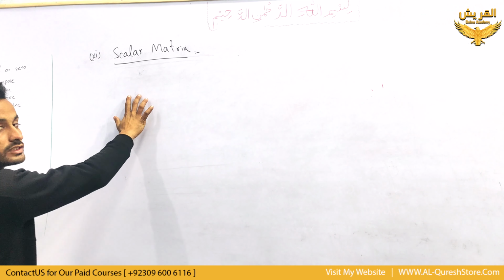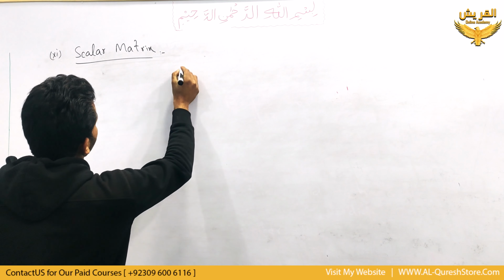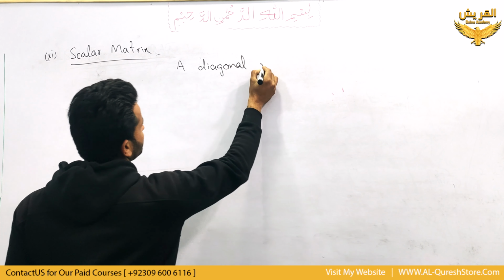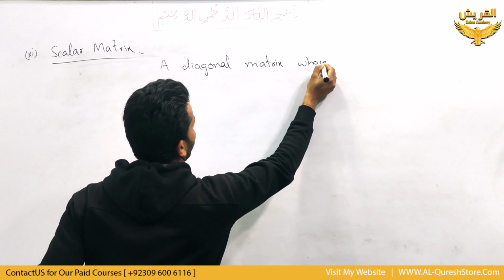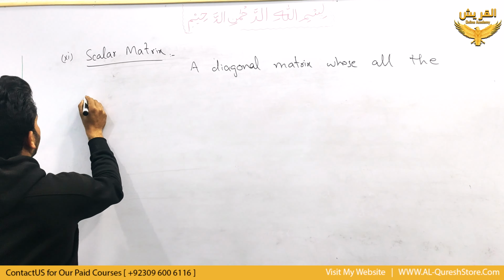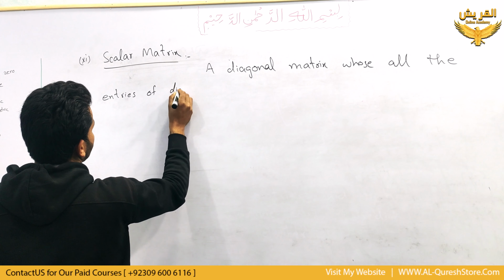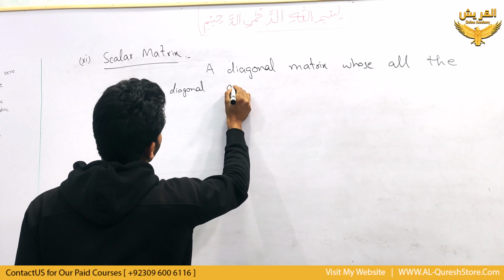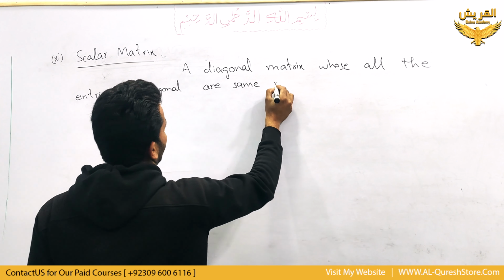The next one is the scalar matrix. A scalar matrix is a diagonal matrix whose diagonal entries are all the same.